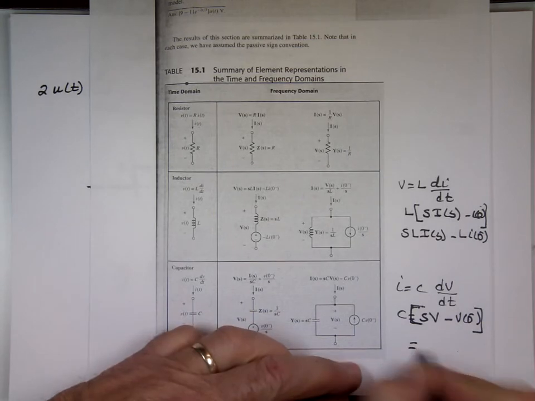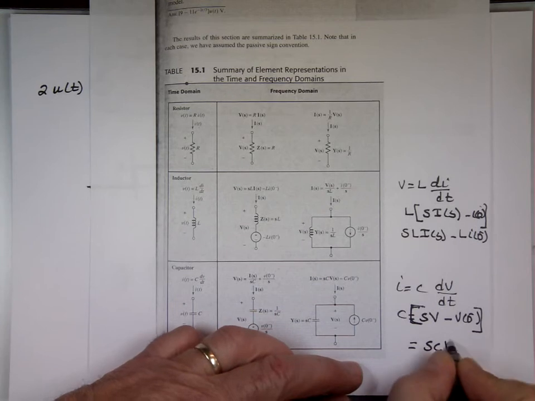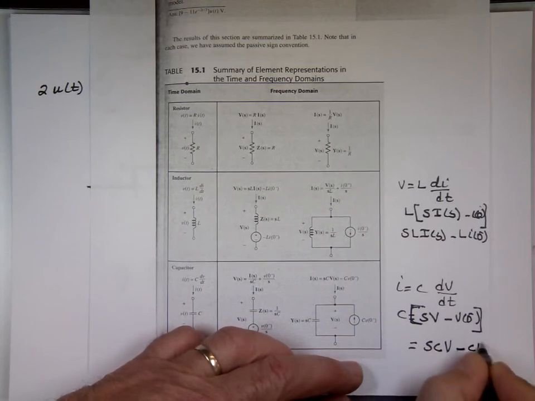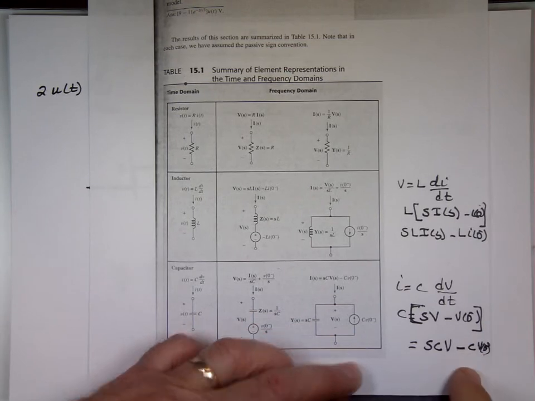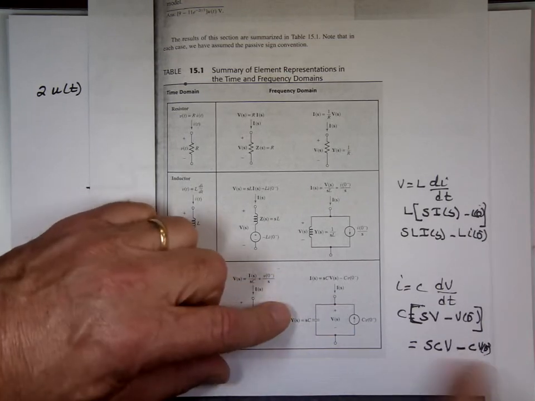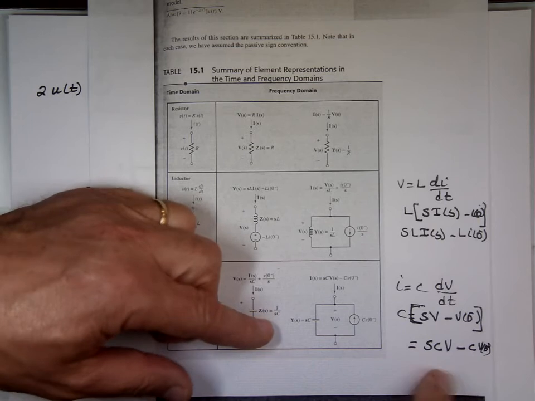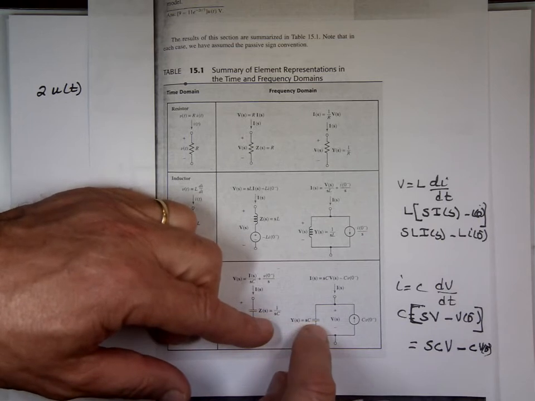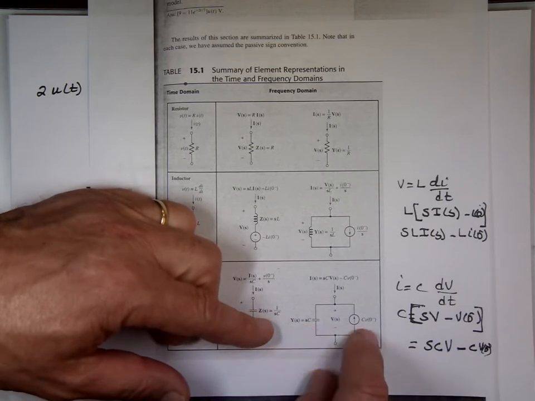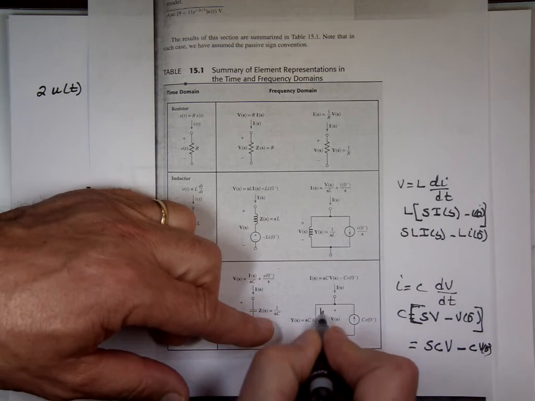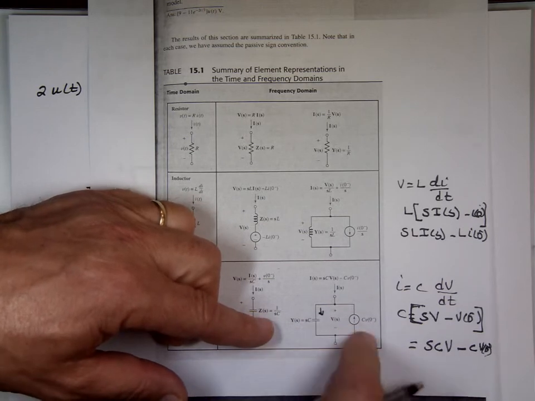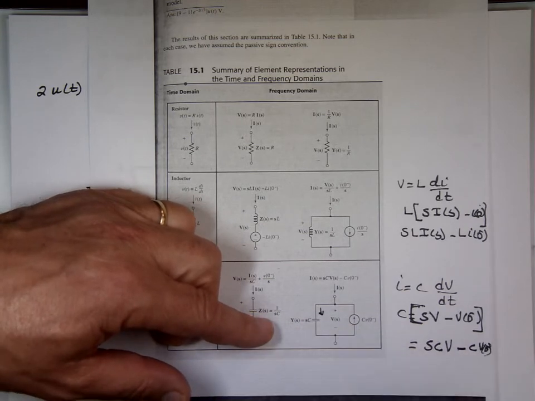So that's sC times V minus C V0 minus. And notice that's the current. When you're adding current, they have to be in parallel to me. So that's why the value of this is sC, and the current will be coming down, but notice I drew this one going up. That's why the minus sign, to indicate the direction is backward.